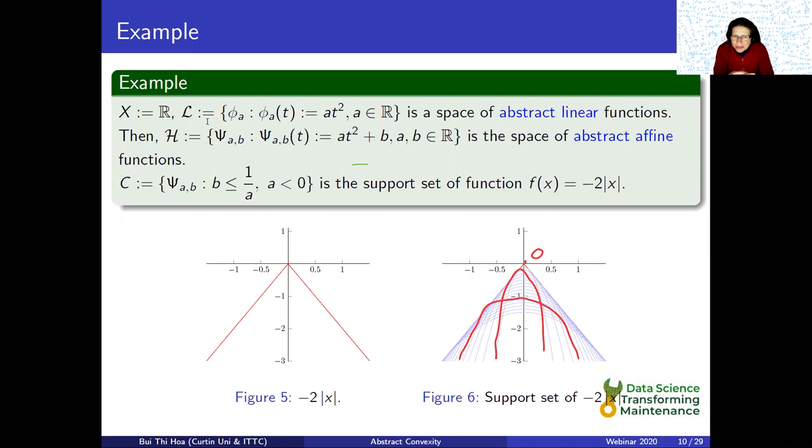Yes, I think differentiability is going to be the next step to be able to have good computations.